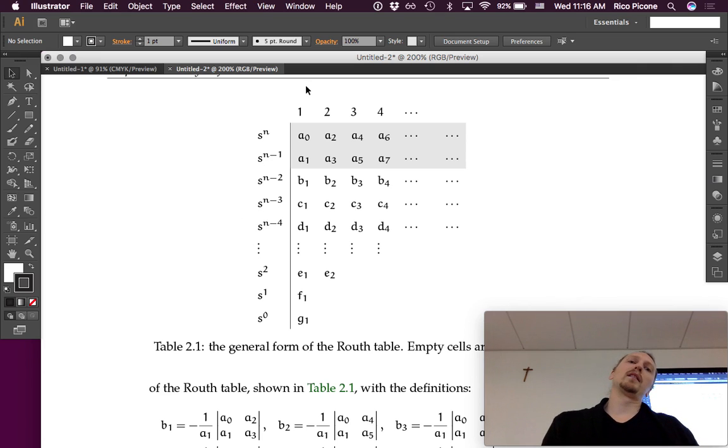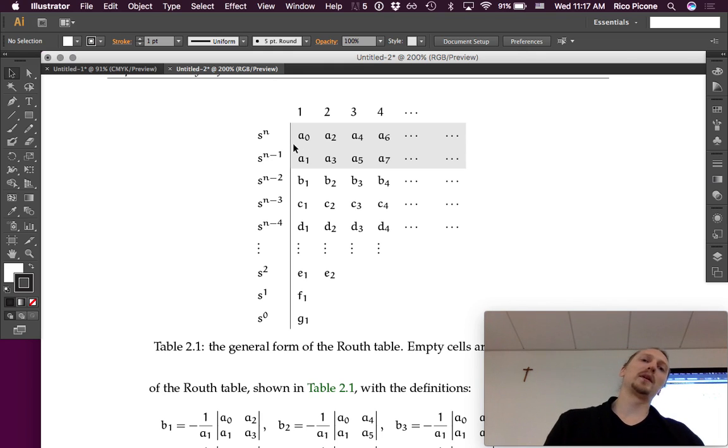And then you're going to have as many columns as you need. The number of rows is n plus 1, right? The number of columns that we'll need is actually the ceiling function of (n plus 1) over 2. It just kind of works out that way. But how we actually construct it, we don't have to memorize that.